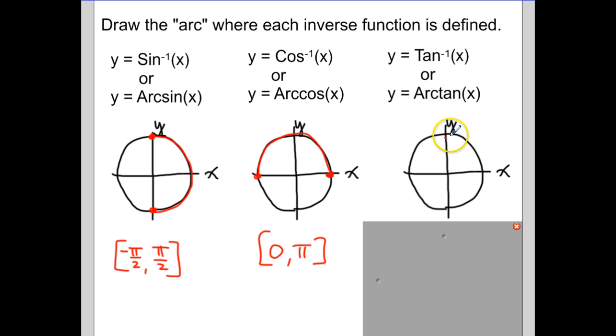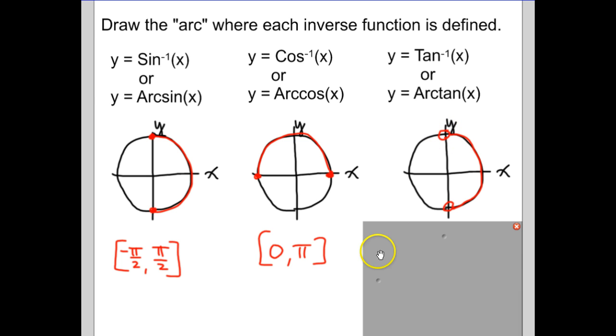Finally, tangent. We're going to include the first quadrant, just like we always do, because that's where everything's positive. I could go into the second quadrant, because tangent's negative there too, but remember it's undefined. I'd have an open dot up here at the top. So instead, I'm going to go first quadrant and then into the fourth quadrant. However, I'm going to have open circles on the end, because tangent's undefined at negative pi over 2 and pi over 2.